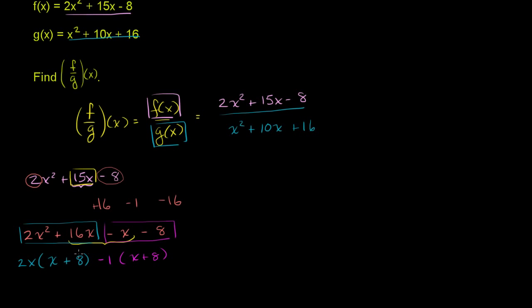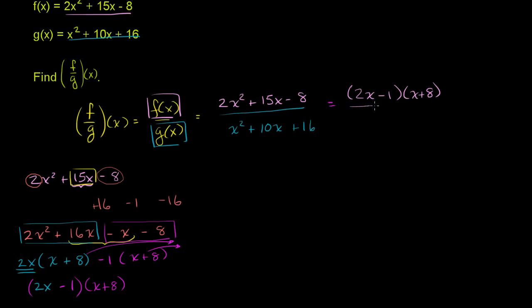If we factor out an x plus 8, we're left with 2x minus 1, I'll put parentheses around it, times the factored out x plus 8. So we've simplified the numerator. The numerator can be rewritten, and you could have gotten here using the quadratic formula as well. The numerator is 2x minus 1 times x plus 8.